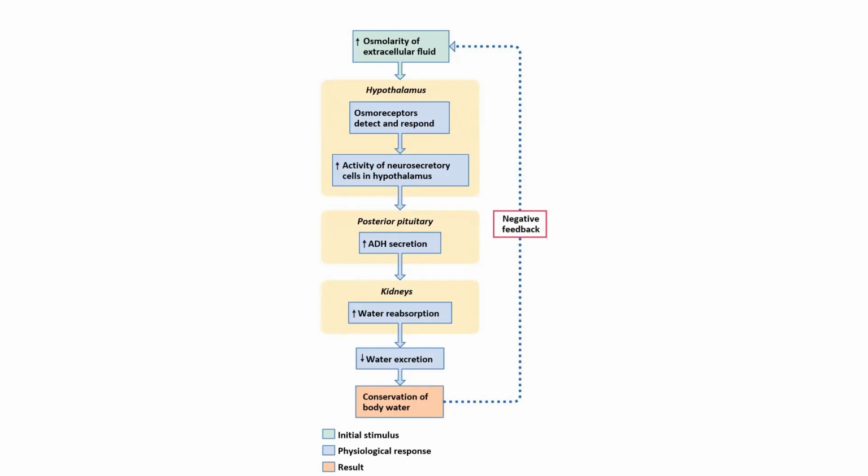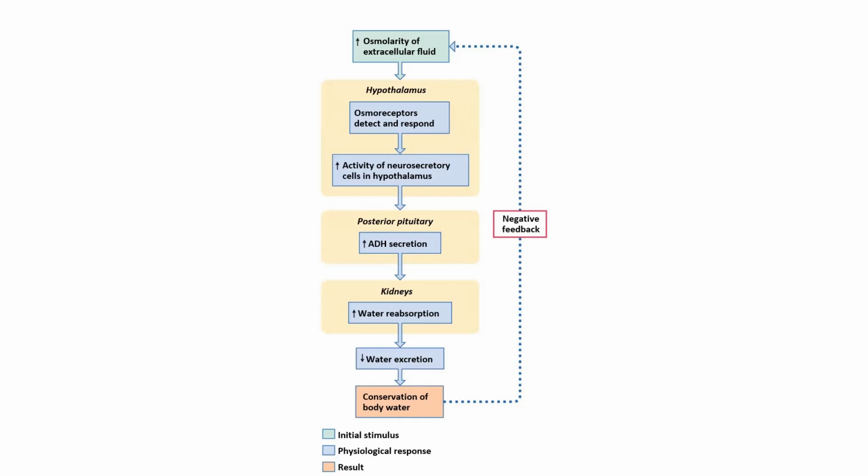Okay, so it's really important that you understand that anatomy, that the signals are coming into the hypothalamus where the cell bodies of these neurons are, but the actual ADH is being secreted or released from the posterior pituitary where the axon endings of these neurons are.